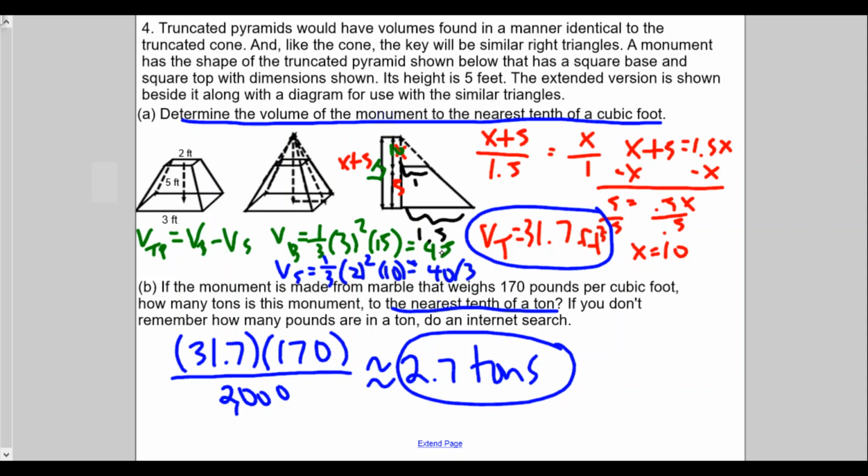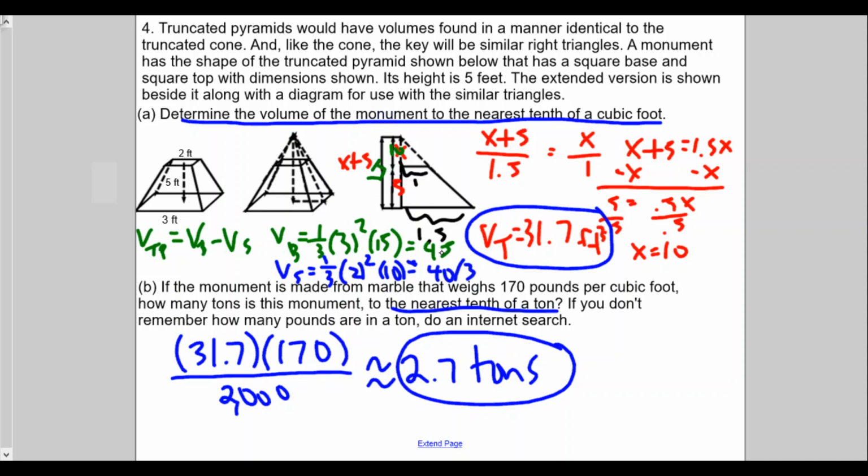We use those dimensions here to find the volume of our large original pyramid. So our original pyramid would be 1/3 times base area times height, which is 3 squared times 15, and we got a total of 45 for that. And then, of course, 1/3 times the base area of the small pyramid, which is 2 squared, 4 times 10, we got 40 over 3.